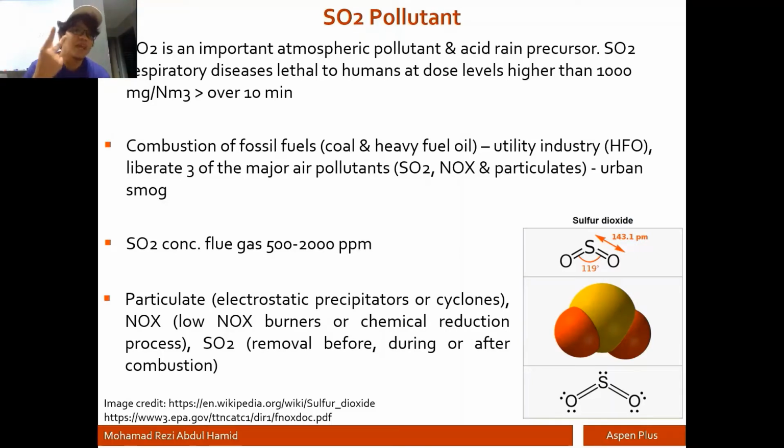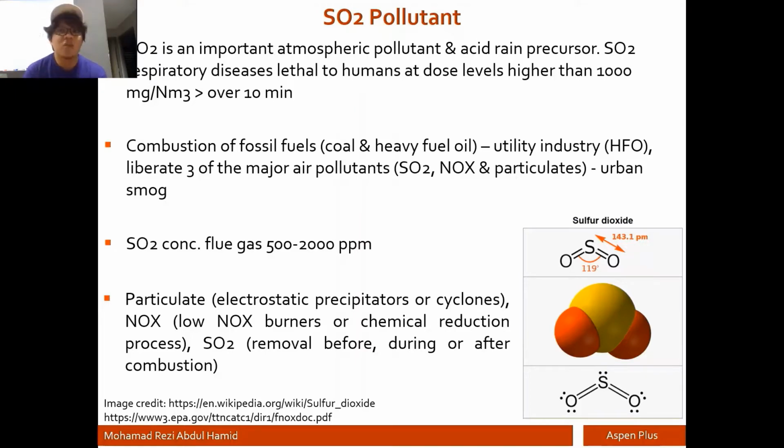These three pollutants can be removed using certain unit operations or processes. For example, particulate matter such as fly ash suspended in the flue gas can be removed using electrostatic precipitators or cyclones. NOx, on the other hand, can be removed, or at least its formation can be reduced, by using a low NOx burner or a chemical reduction process.